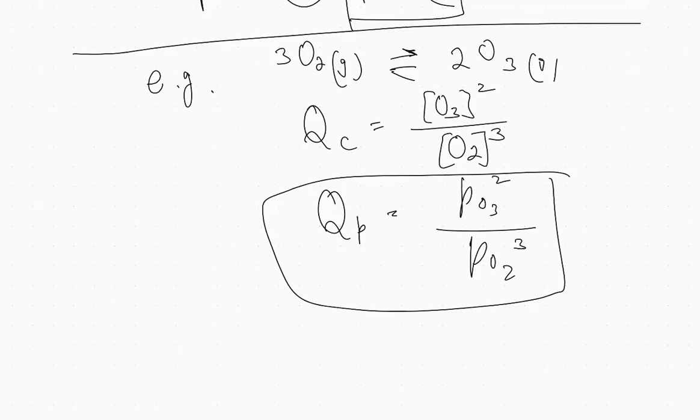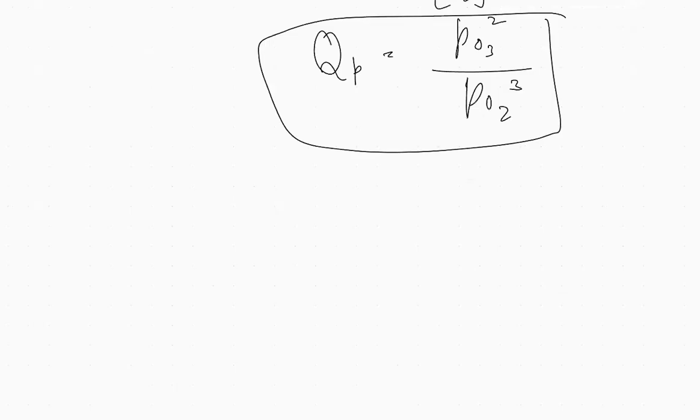So now if the Q value is less than the K value, say we did an experiment, we attained the equilibrium, we measured K. Then from the values given, you can say whether, okay, so initially if Q, I'll just leave it as C or P, it doesn't matter, is lower than Kc or Kp, what it means is the reaction hasn't attained equilibrium.